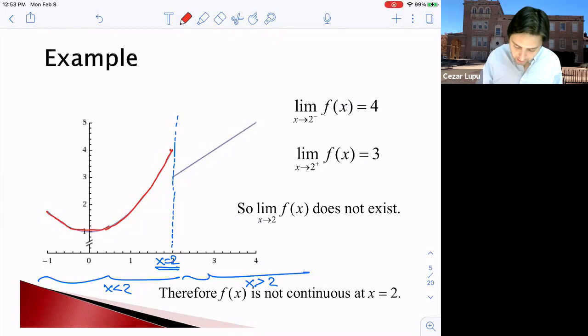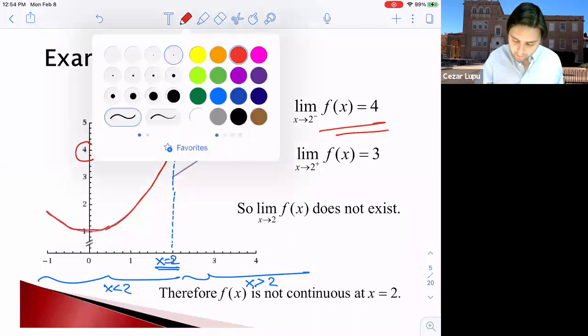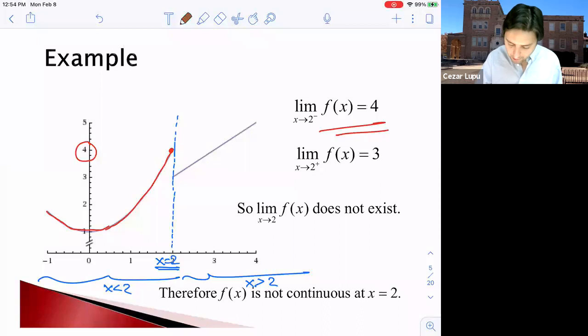And as you can see, as x approaches 2, the value will approach 4. Look at that, right? As you can see here. All right. And if you look at the graph, as x approaches 2 from the right, we have something like this.